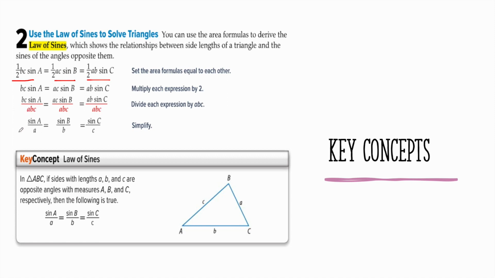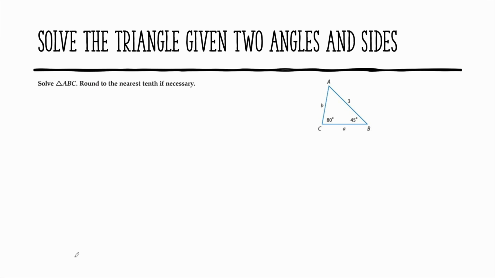This will give us our sine rule, which is sine A divided by side A, sine B divided by side B, sine C divided by side C. So you can use any two of the sides to find the missing angle or to find the missing side. Let's go ahead and try it.